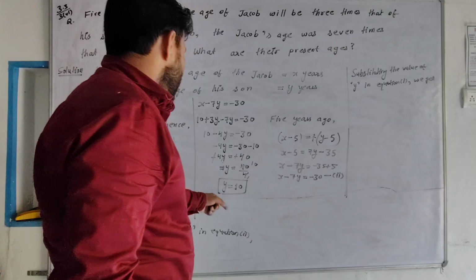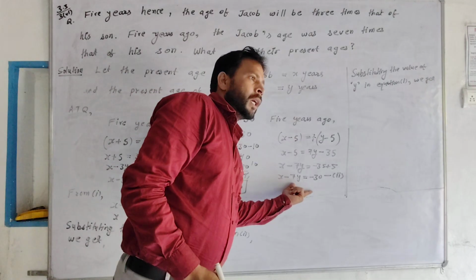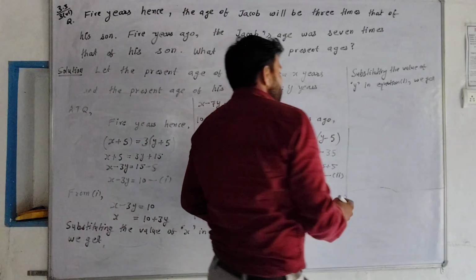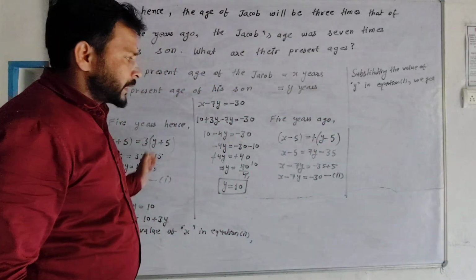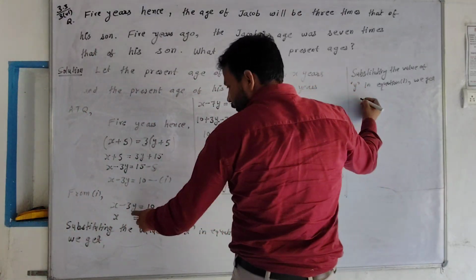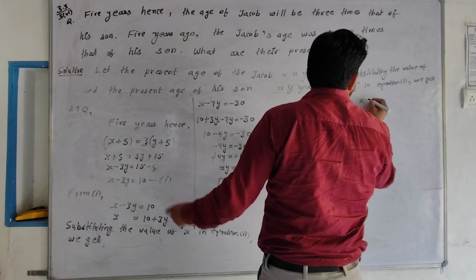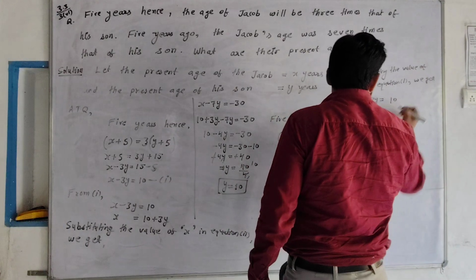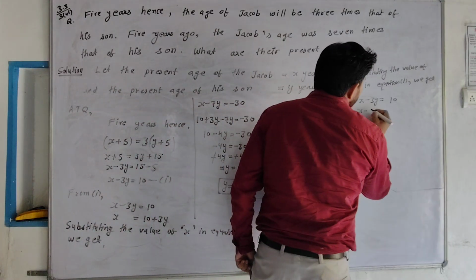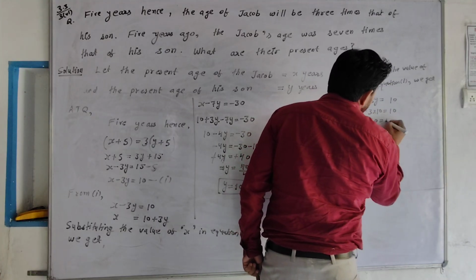We can put the value of y in either the first equation or the second equation, because we get the same solution from both equations. There is no effect on the solutions if we put the value in equation 1 or equation 2. Now equation 1 is x minus 3y equal to 10. The value of y is 10. x minus 3 multiply 10, x minus 30 equal to 10.